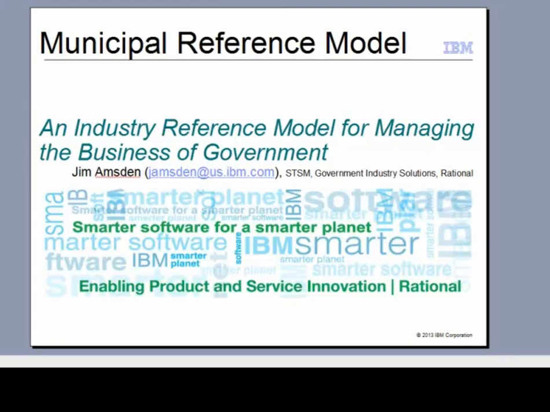So government by design makes use of some existing industry assets, such as the MISA Municipal Reference Model. MISA stands for Municipal Information Systems Association. That's an organization of local governments in Canada.